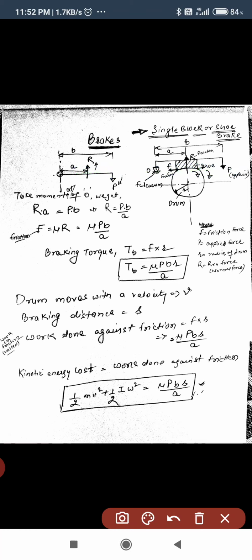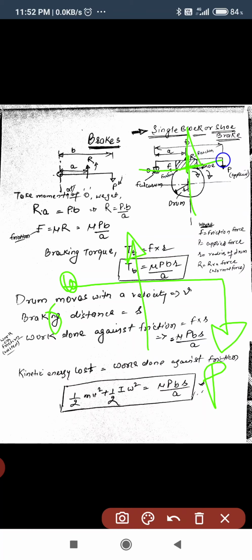So now what is going on: this point is O, and this is a lever. P is the effort force applied, and here we have the reaction force R at an intermediate point on this lever, while P is at the extreme. So what will happen?